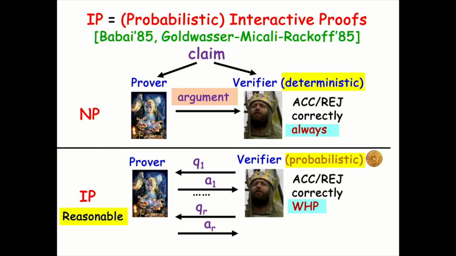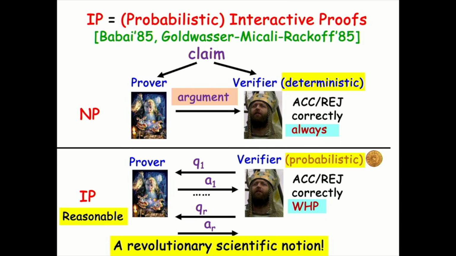But I want to say that it's not just reasonable. I want to stress that this is really a revolutionary scientific and mathematical notion. It's a different talk altogether to demonstrate this. What I want to talk about is more proof systems.